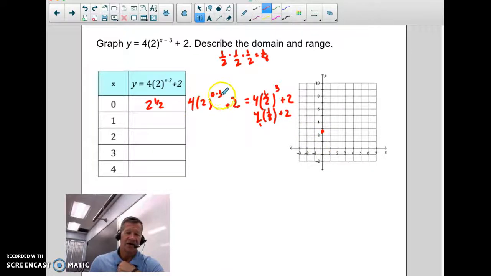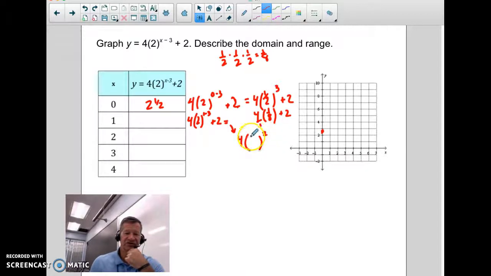Let's put a 1 in now. Well, that's just going to make it 1 minus 3 instead. So now it's 4 times 2 to the 1 minus 3. Well, if I go 1 minus 3, that's going to give me a negative 2. I don't like those negative exponents, remember? So that's going to be 4 times, I'm going to be changing the exponent to a positive 2.